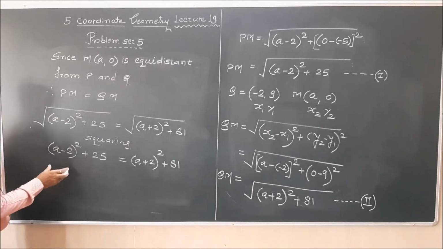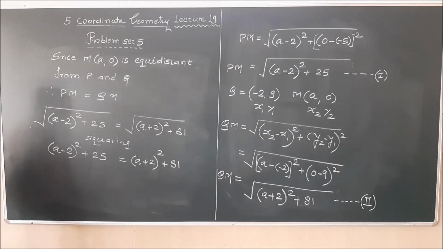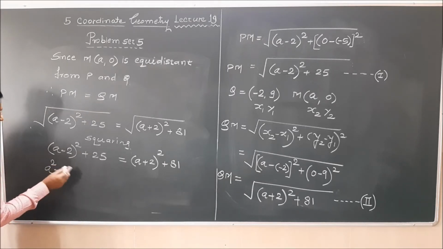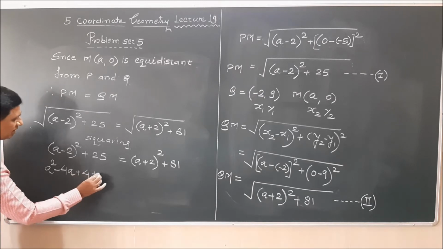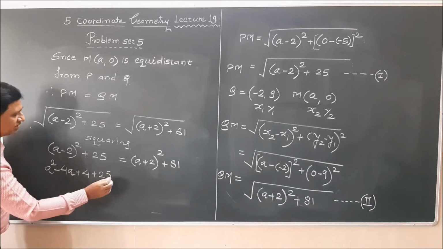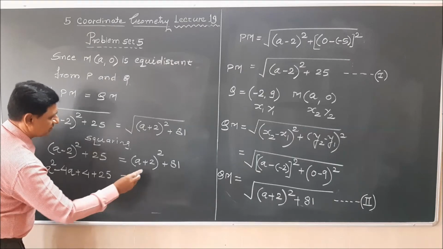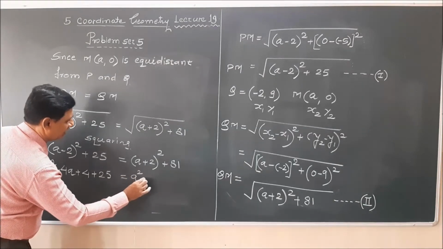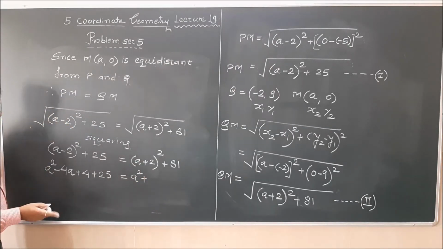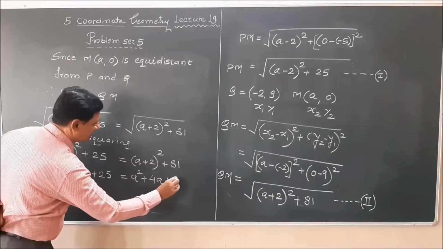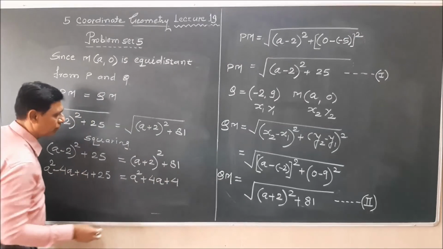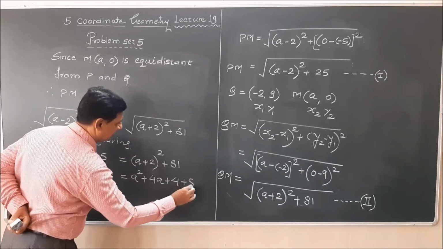Now we are going to expand this by using the formula a minus b the whole square, a square minus 2ab plus b square, plus 25 is equal to, expanding this by using the formula a square plus 2ab, that is plus 4a, plus b square, that is 2 square is 4, plus 81.